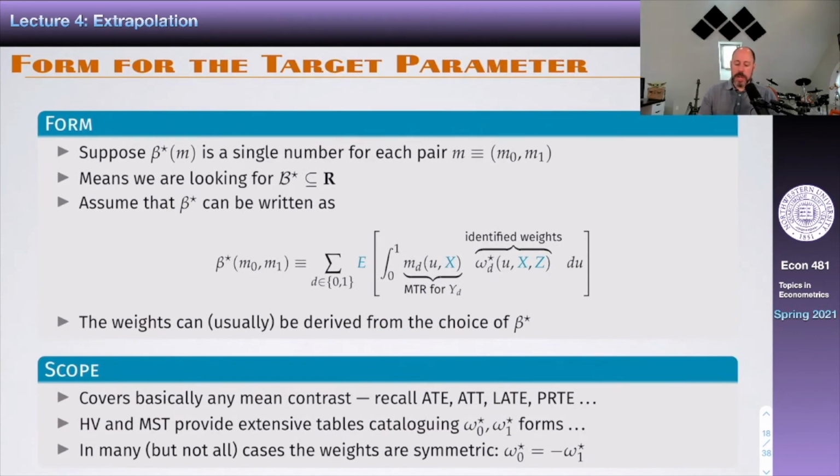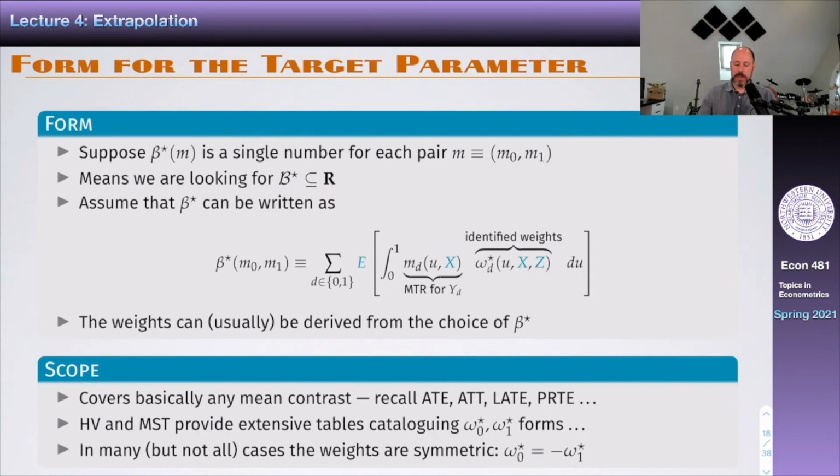So suppose now beta star of M is a single number for each pair. So here it is a scalar. It could be a vector, but again, we're going to work with this case. So that means that this set B star that I wrote before is just going to be a subset of the real line.